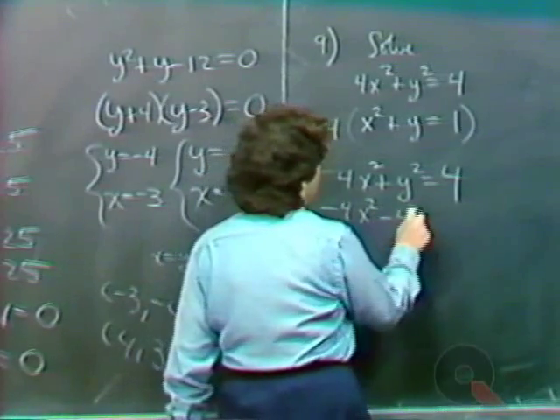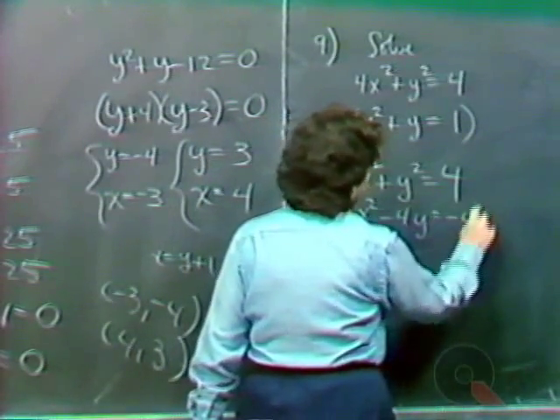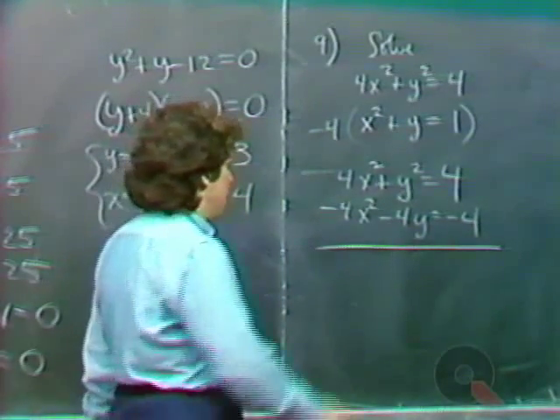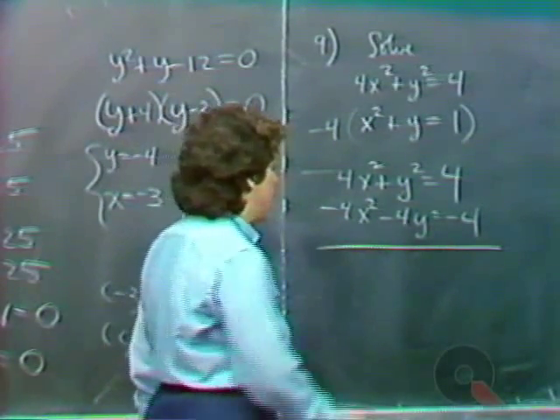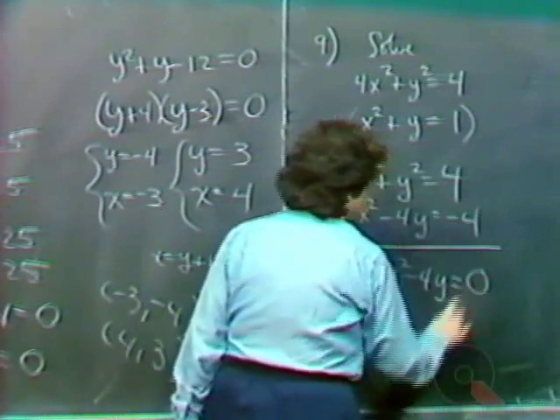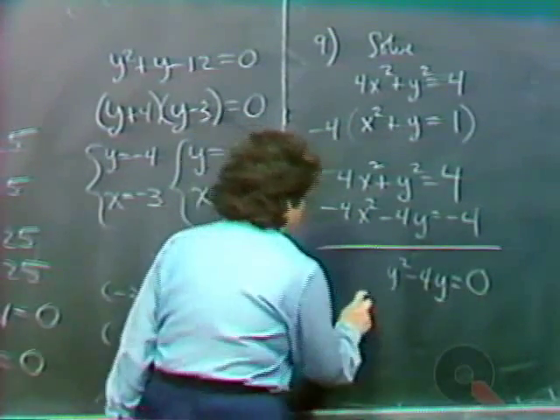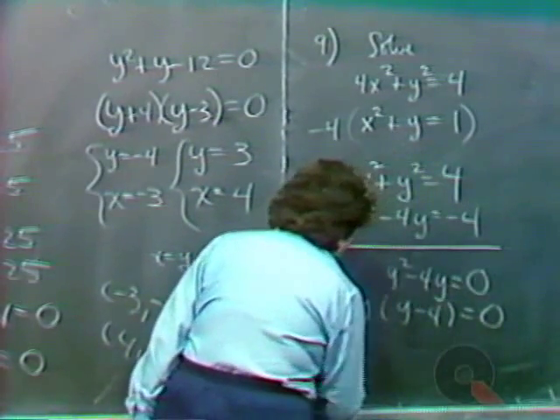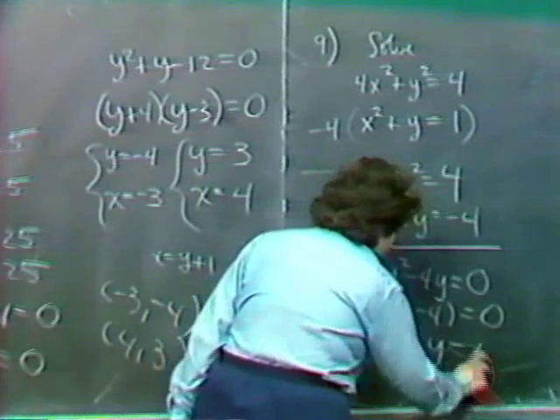Minus 4x squared minus 4y is minus 4. And then we're going to add. The x squareds go. We have y squared minus 4y equals 0. When we add the equations, y times y minus 4 is 0. Y is 0.